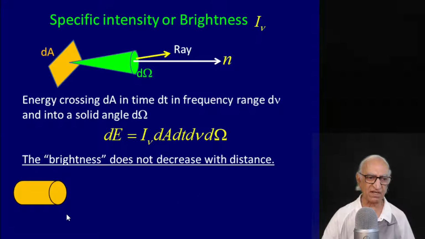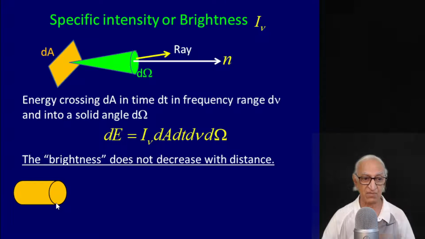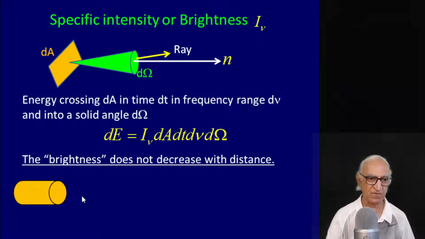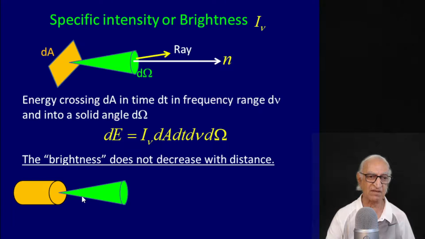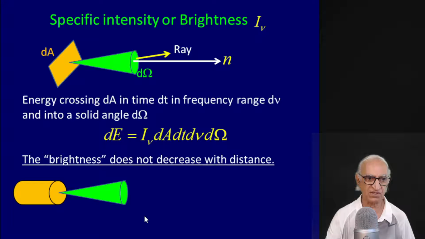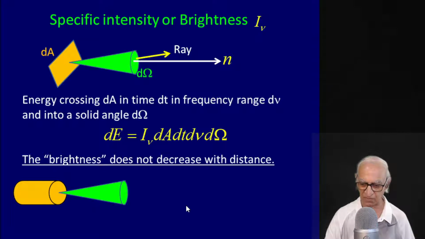Now let us consider a volume, a small cylinder of cross-sectional area unity and filled with radiation, filled with photons. And we are interested in the photons which will come out of this surface and go in the direction indicated by this cone.